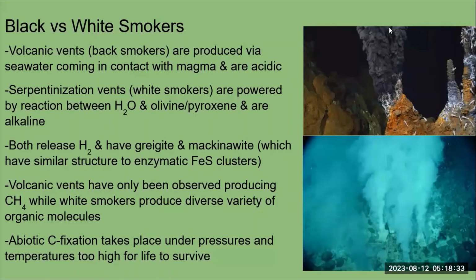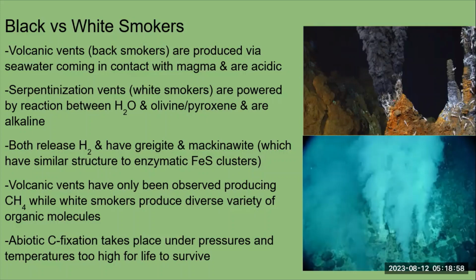Deep beneath the surface of the ocean, there are volcanic vents known as black smokers, powered by water coming in contact with magma and becoming superheated. This water is acidic, and the black plume is composed of iron sulfides, which precipitate out as the water column cools. While these are the most abundant variety of hydrothermal vents, they are far from the only one.